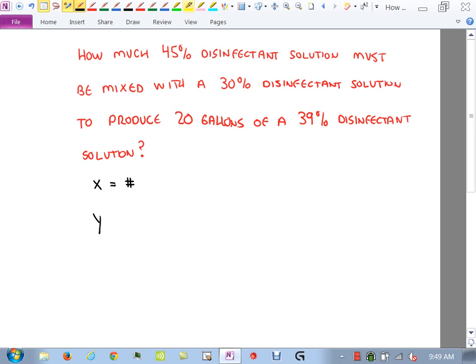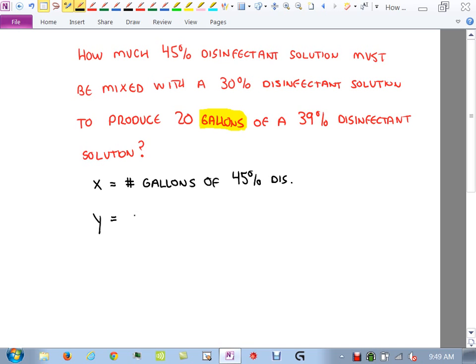Gallons. Do y'all see that in the problem? Right? Gallons. So we're going to let X be equal to the number of gallons of the 45% mixture, or 45%. I'm just going to put dis for disinfectant. Do y'all see that? Any questions on that?